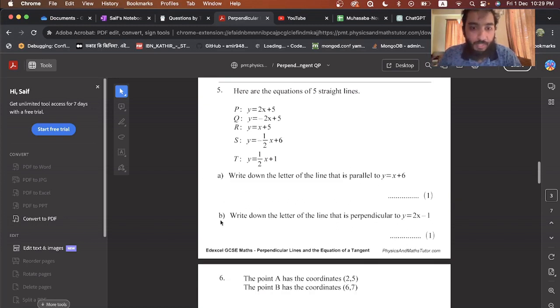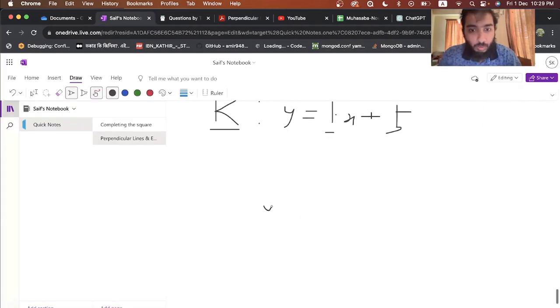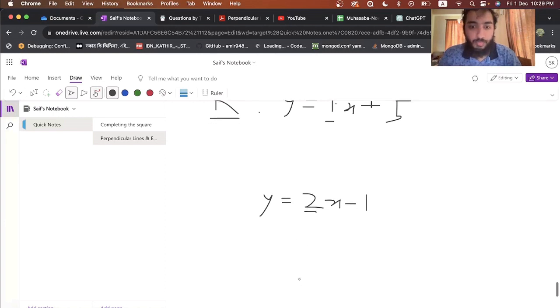So this is A. For B, write down the letter of the line that is perpendicular to y equals twice x minus 1. It has a slope of 2. So the line perpendicular to this will have a slope of what?